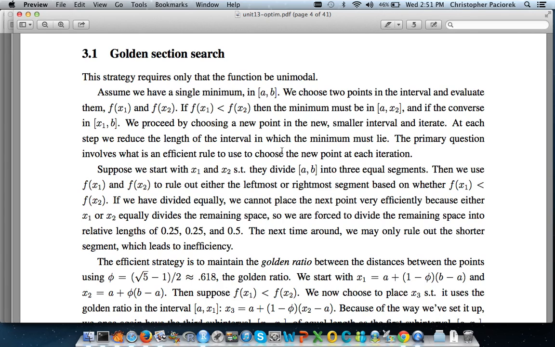It doesn't really matter which one I consider to have eliminated. Let's assume that I've eliminated this portion of the space. And now I think about placing my new point x3, just like I placed my x3 up there. Well, the place I'm going to put x3 down here looks like this, such that this is also, let's see, is this going to work?